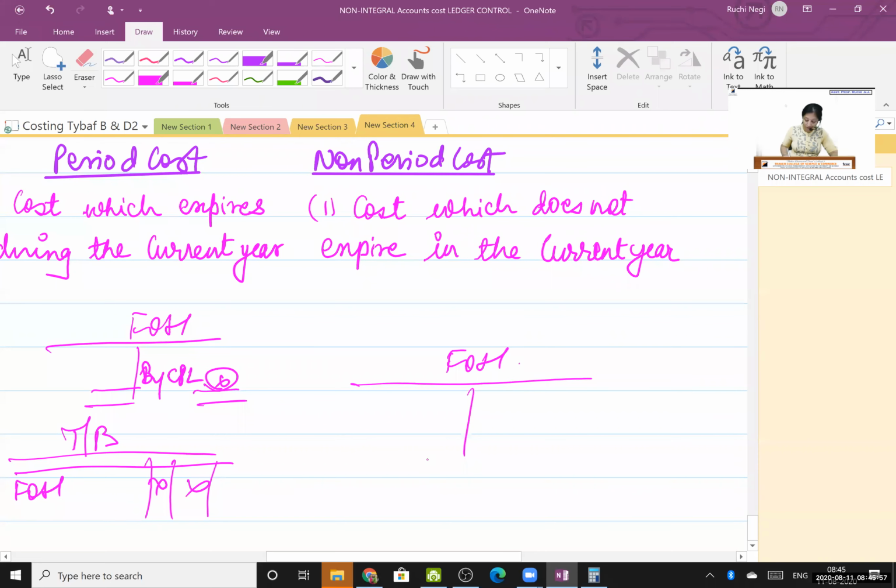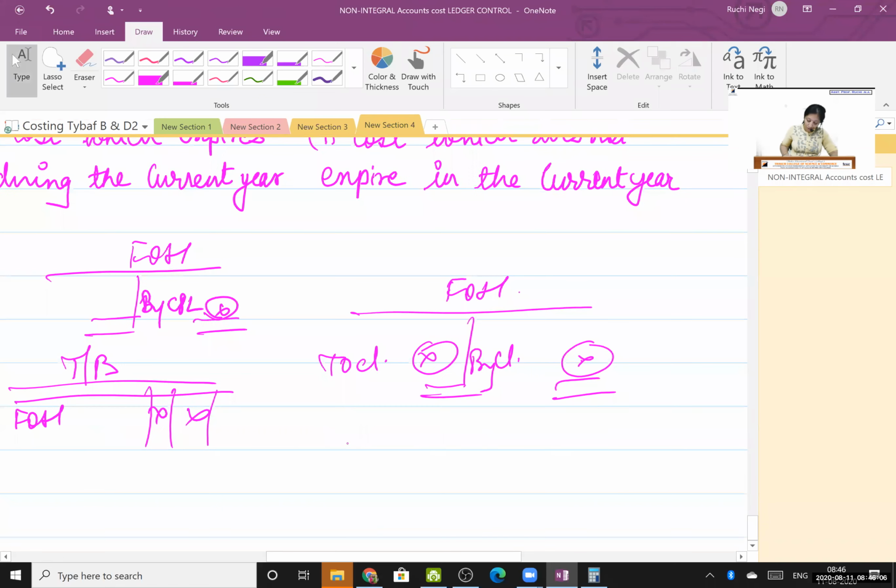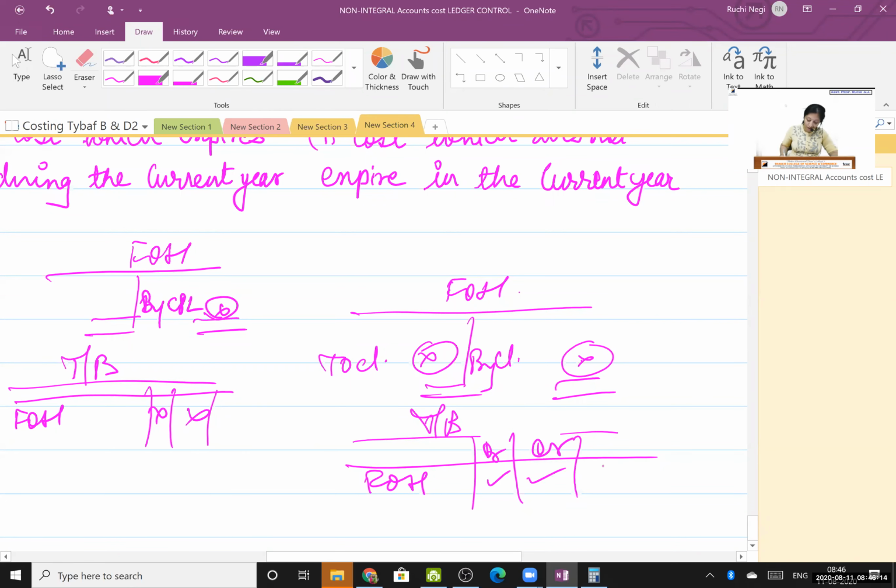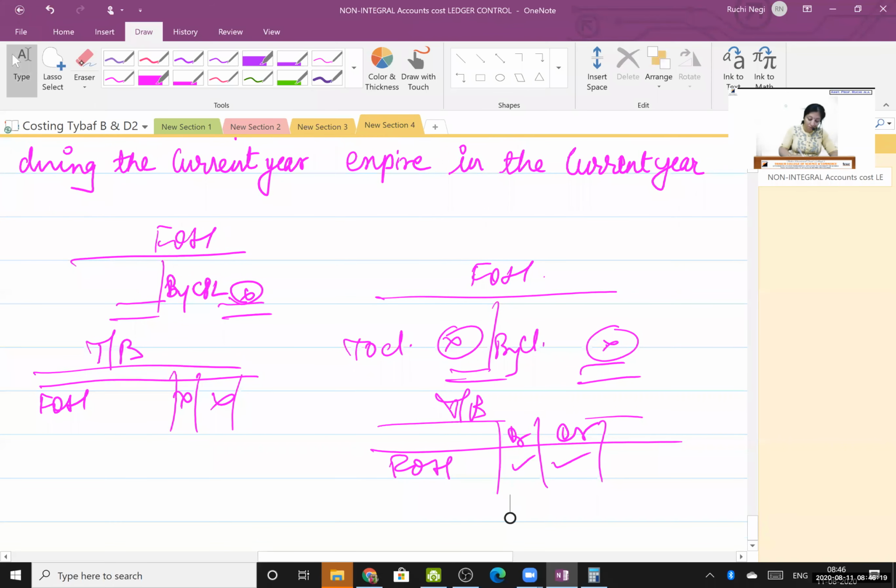Make the ledger. My balancing figures will not go to CPL. It will go as closing balance. So जब trial balance बनेगा, the factory overheads will be reflected either on the debit or the credit side. Okay, so this is called as period cost and non-period cost concept.